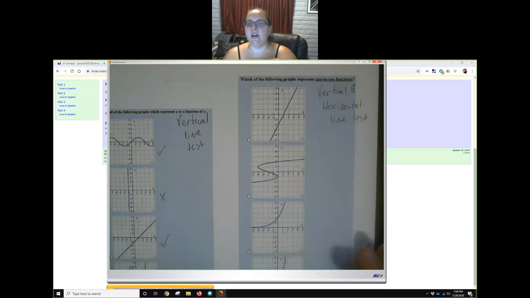And the horizontal line test tells us, is it 1-to-1? Now, a reminder from Andy's lecture, I know that he said this, but I'm going to repeat it. A function is 1-to-1 if all of the y's are unique as well. So in order to be a function, all of the x's have to be unique. In order to be 1-to-1, all of the y's have to be unique as well.